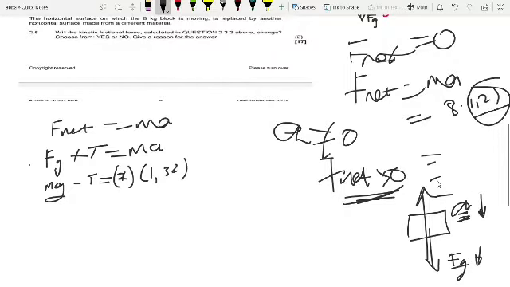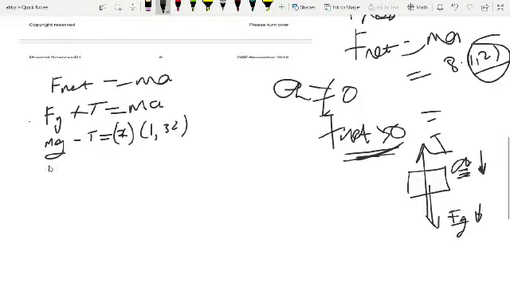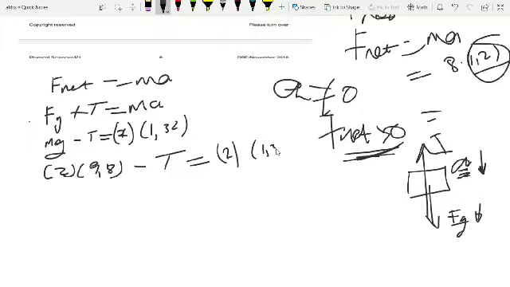Now, this is the tension, right? And we have mg here. We said mg is going to be 2 multiplied by 9.8, right? It's going to be equal to 9.8 minus tension, which will be equal to 2 multiplied by 1.32.